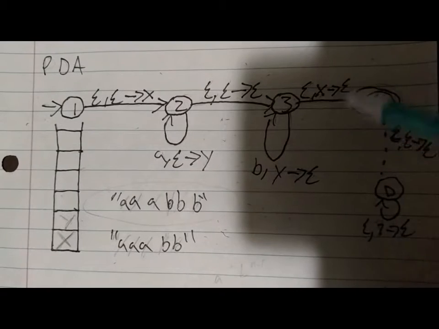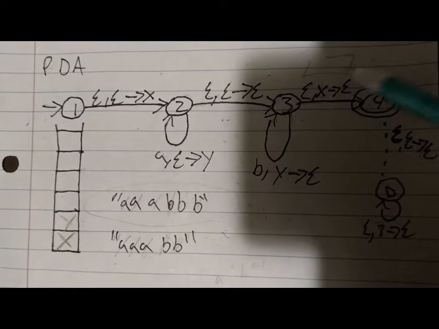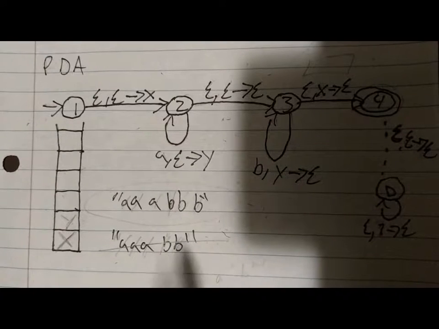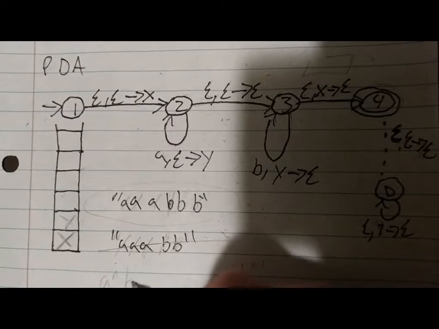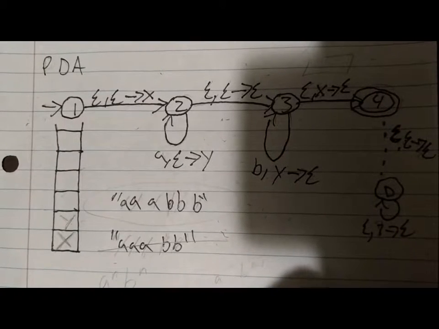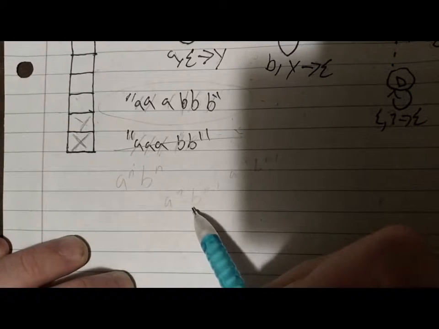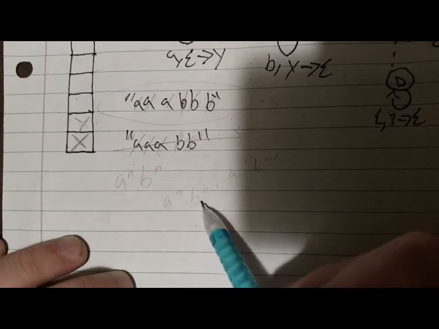This means that we are stuck in limbo, and therefore this string is not in the language of a to the n, b to the n. Now it is in a to the n, b to the n minus 1, which is just as impossible to calculate from a regular finite state machine.